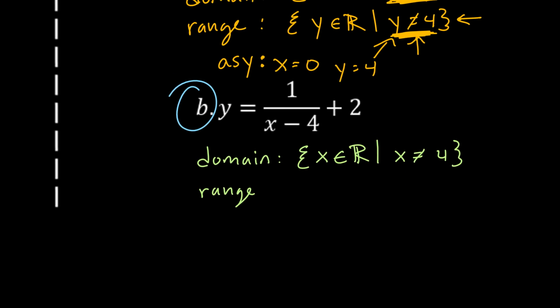And what about the range, Ashley S? Y in all numbers. Good. And then such that, and then y is not equal to. Beautiful. And our asymptotes are where, Zaria?